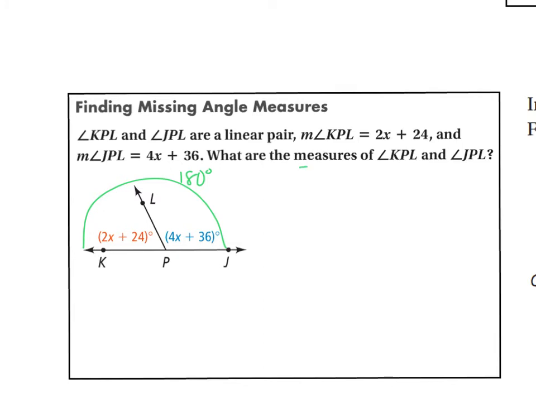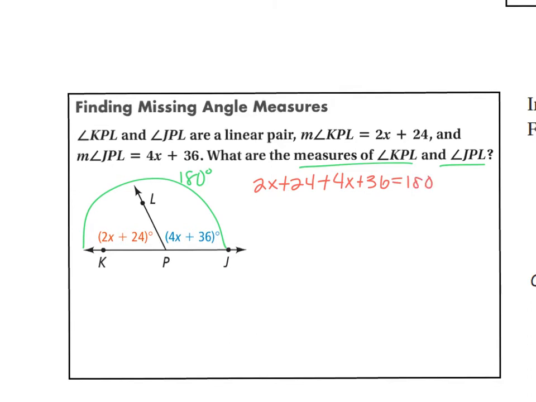What are the measures of KPL and JPL? So first thing we have to do is solve for x. So we know those two together add up to be 180. So we're going to just add them and let them equal 180. So I have 2x plus 24 plus 4x plus 36 equals 180.